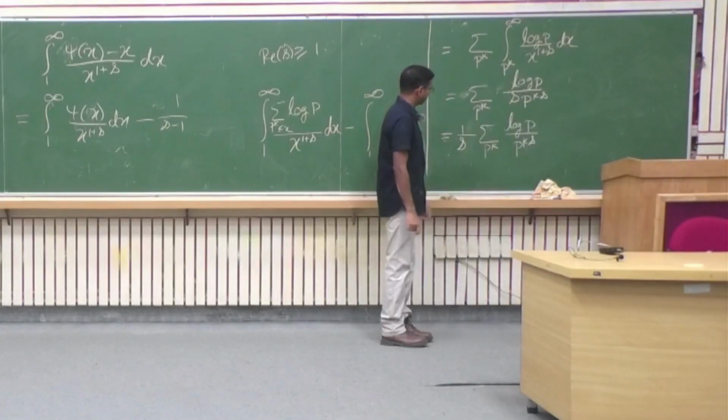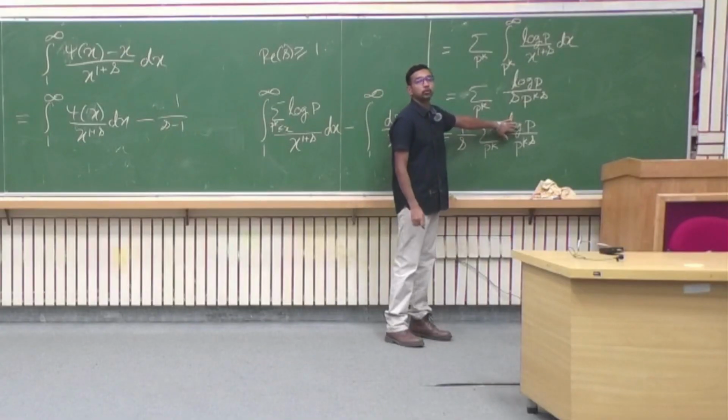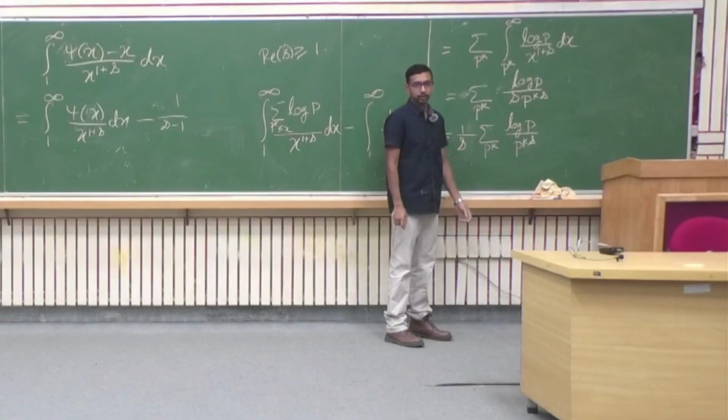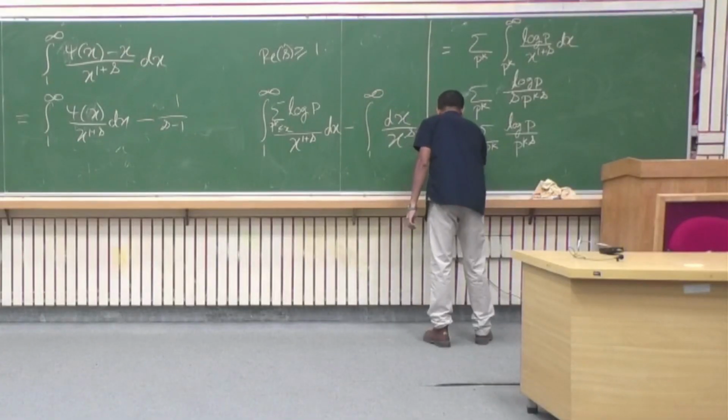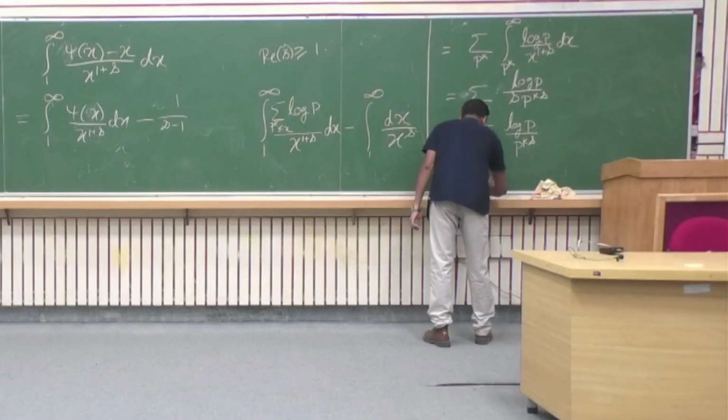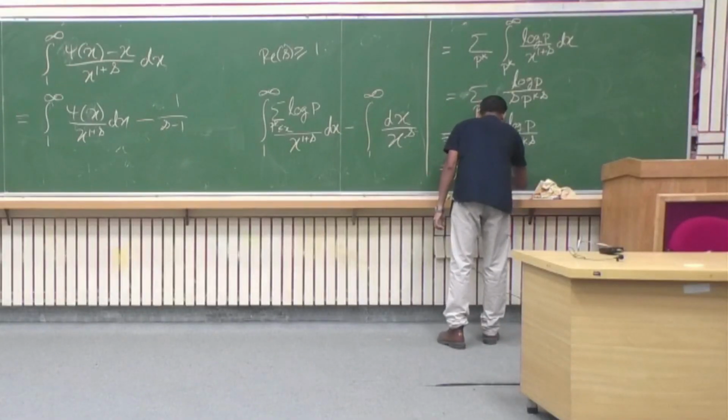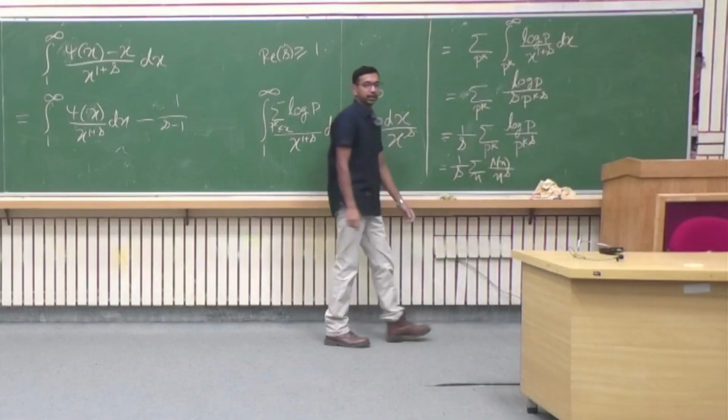And as you mentioned, this is just summing over the von Mangoldt function, right? So you could also write this as 1 by s summation over n of lambda n by n power s, right?